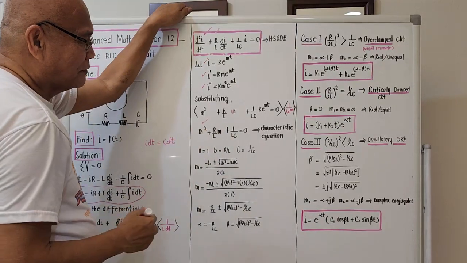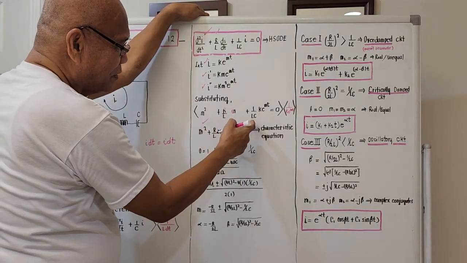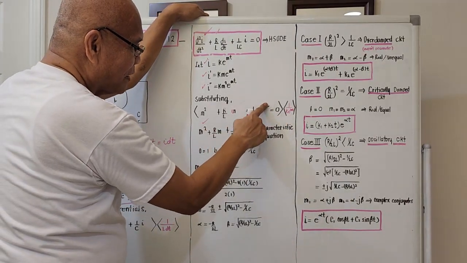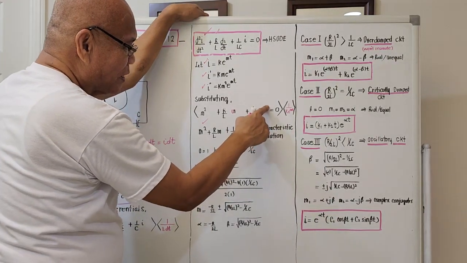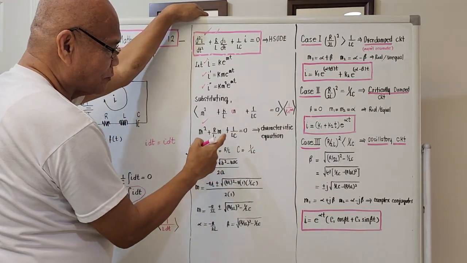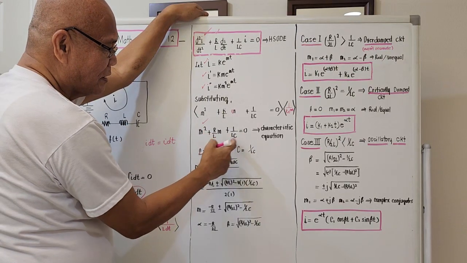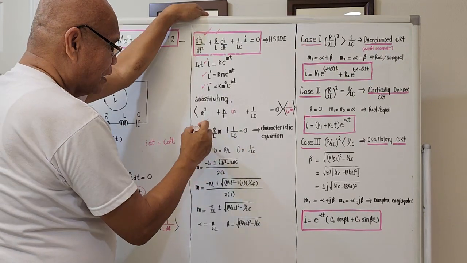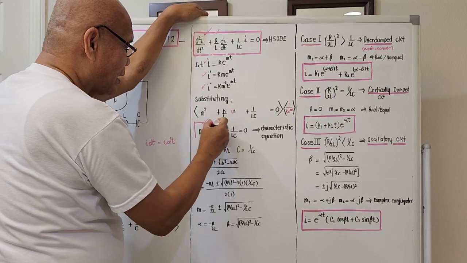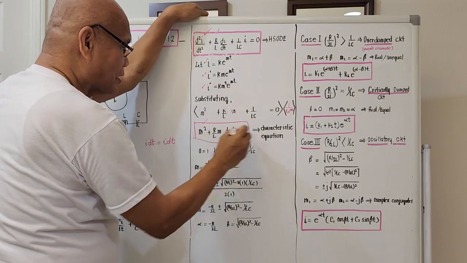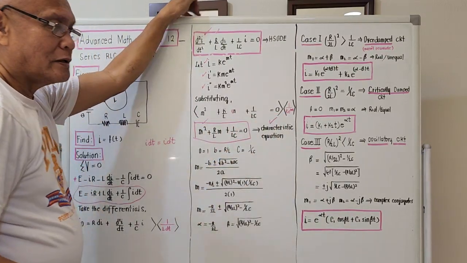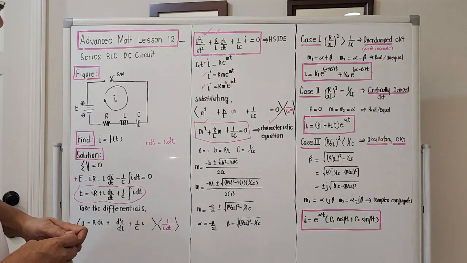The last part, we will multiply this one by this one, it will vanish, right? So what remains on the third part will just be simply the ratio 1 over LC, and this should be equal to 0. And we call this one the so-called characteristic equation. It's a quadratic equation.